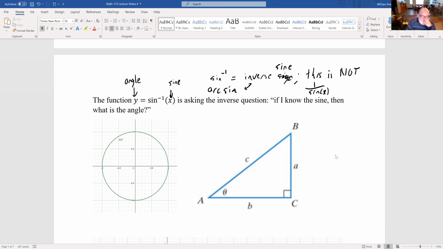So here, if we know the sine, then what is the angle? And so if we know the height, if this is the height that we know, what's the angle? And we can say, well, that's the angle that has this height. And here it's saying, well, if I know what A and C are, can I find out what theta is?